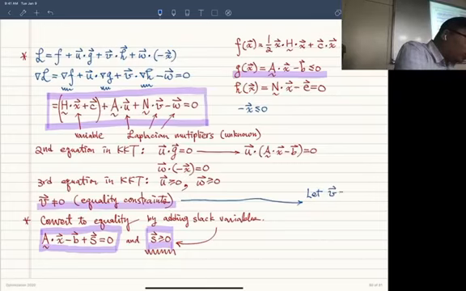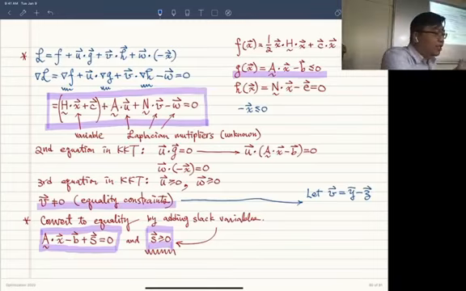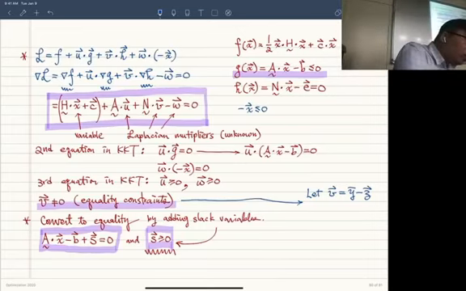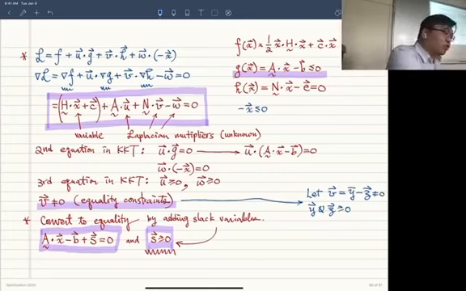v equals to y minus z. Okay? So y and z are just two different vectors. But we just say, okay, v equals to y minus z. So two new vectors. And we want to make sure y and z are both positive. And we wish this doesn't equal 0. Okay? Why do we do that?